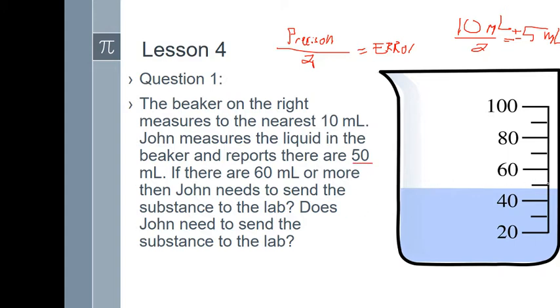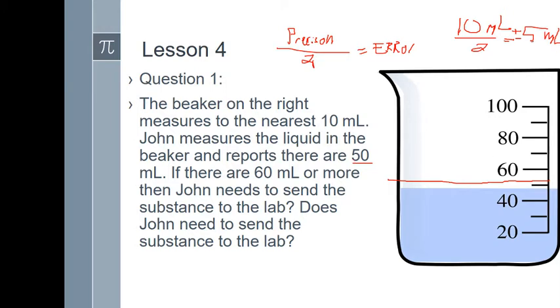Say, however, the liquid came up just past that 50 line. I'd still be asking myself, is this liquid closer to 50 or closer to 60? My eyeball would tell me it's closer to 50, so I would still report that it's 50.